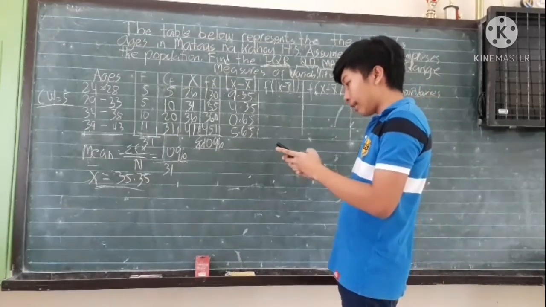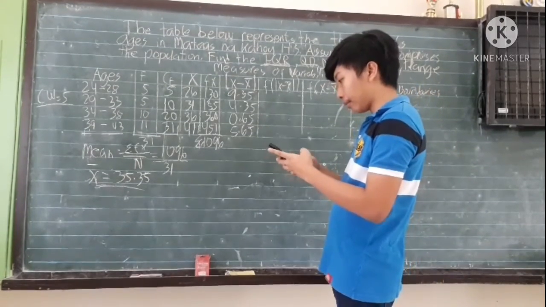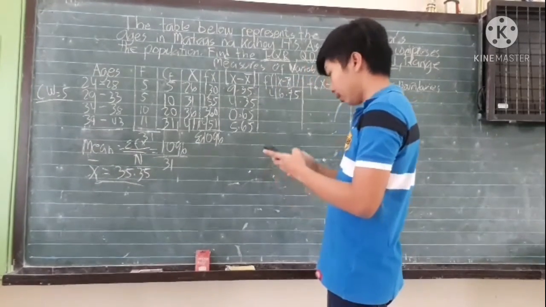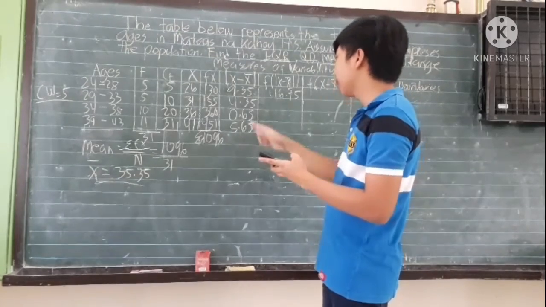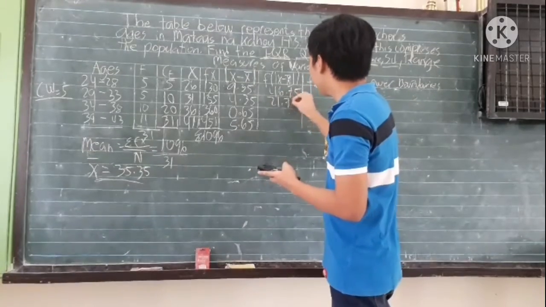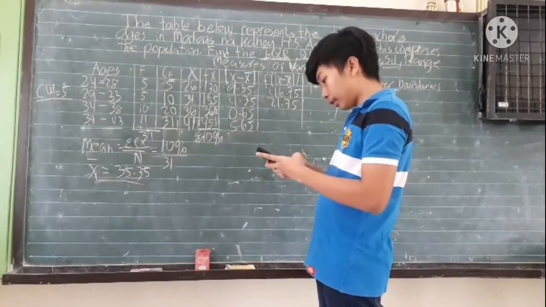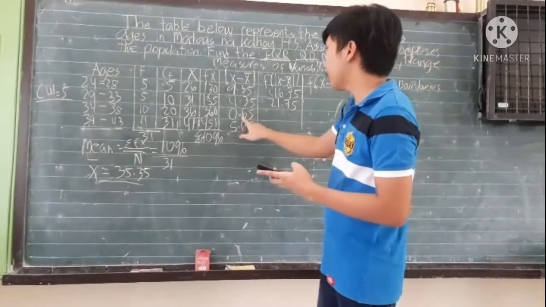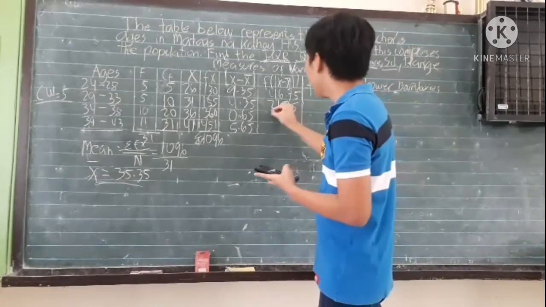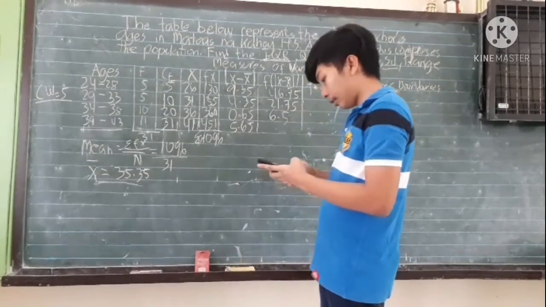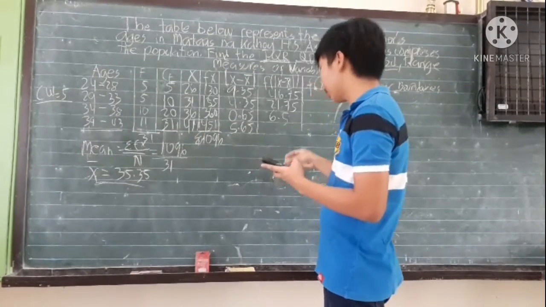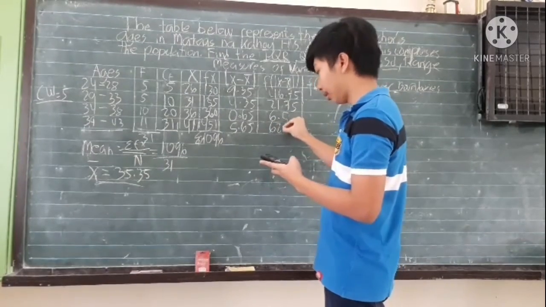So 5 times 9.35, 46.75. 4.35 times 5 again, 21.75. 0.65 times 10, 6.5, and 5.65 times 11, 62.15.